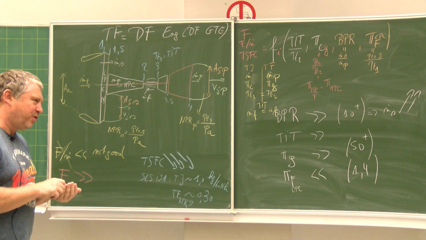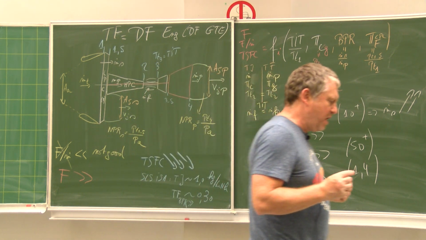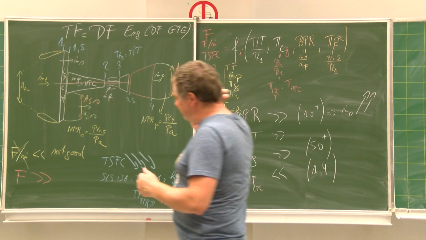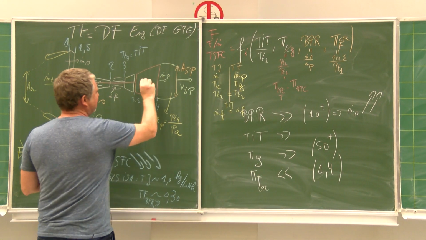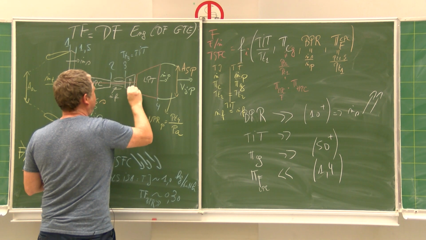And of course, this is delivering, let's say, problems. What are the problems you will have? You see, I have already indicated this is the low pressure turbine and this is the high pressure turbine.